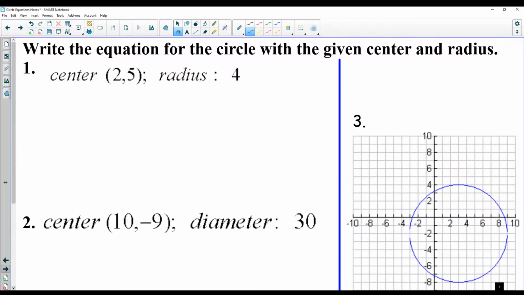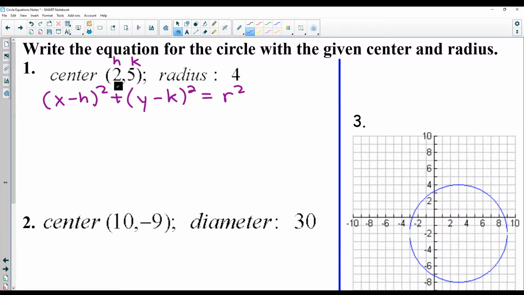Okay. Write the equation for the circle with the given center and radius. So if they give us a center of 2, 5 and a radius of 4, we need to convert that into our equation. Okay, if the center is 2, 5, remember this is your x number, this is your y number, so that's h and k, and we've got to do the opposite.